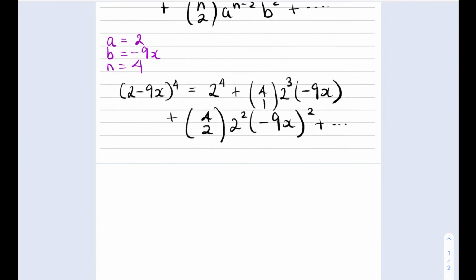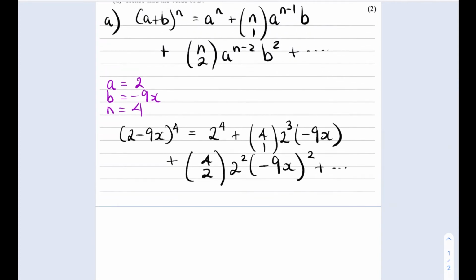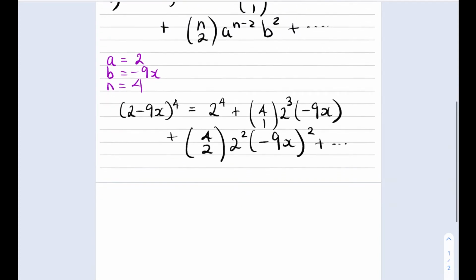So now that you've got the formula written down and your choices of a, b, and n, you can focus on the actual terms. So 2 to the power of 4 is 16. 4 choose 1 is 4, 2 to the power of 3 is 8, and I'm including quite a lot of work in there because I want to avoid making mistakes.